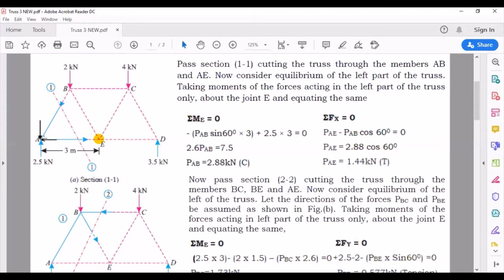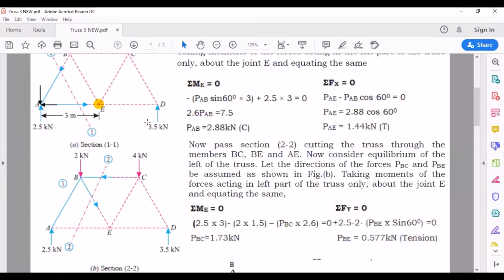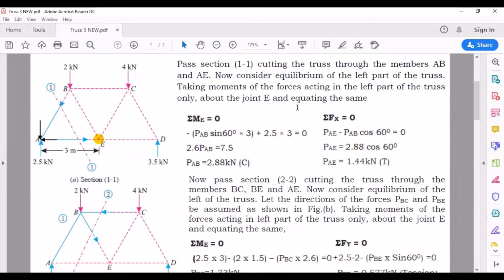Next, I'm going to calculate member force AE. In order to calculate member force AE, I will use another equation, that is sigma Fx. It is understood that I'm going to use sigma Fx only because I'm interested in calculating member force AE, and this AE is a horizontal member.